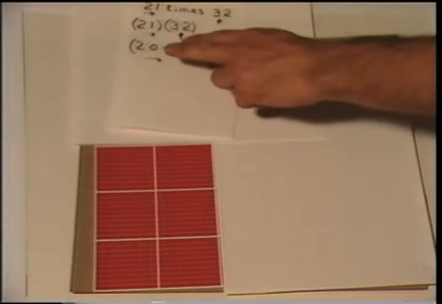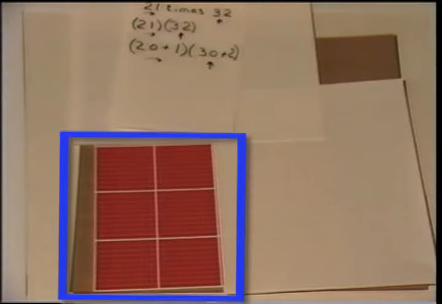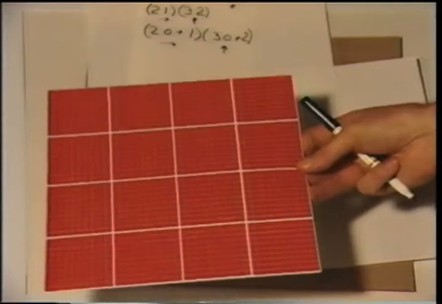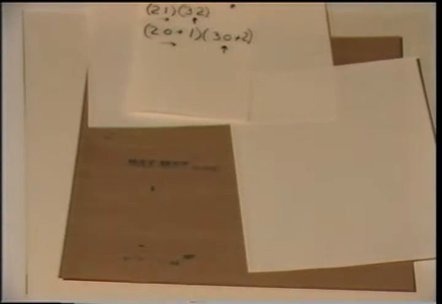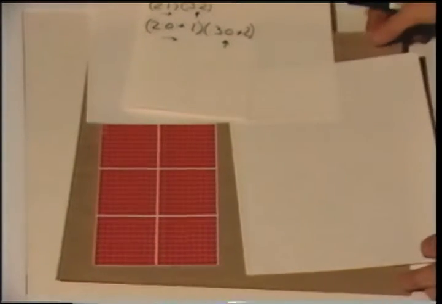We could have looked at our problem and said, well, let's see, I need to be over 20 and up 30, and I could have gotten the exact piece. Let's start over again. Instead of using any grid that is large enough, let's get the exact piece that we need.